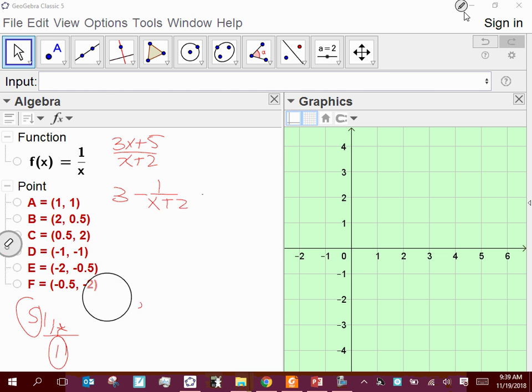Now, I don't like it written that way because I like to see the parent function come first. Okay? So I'm going to use my commutative property and do this. Is that fair to say? What's that plus 2 going to do? Left 2.